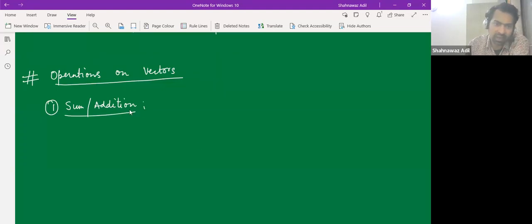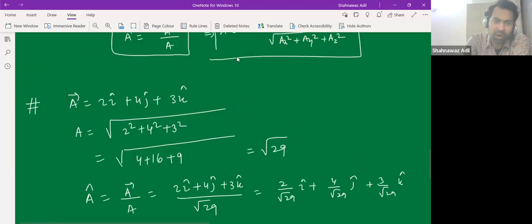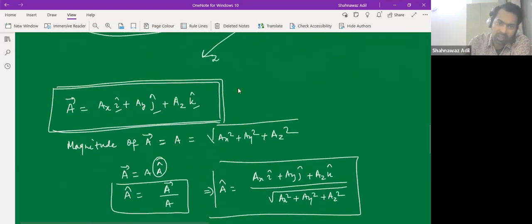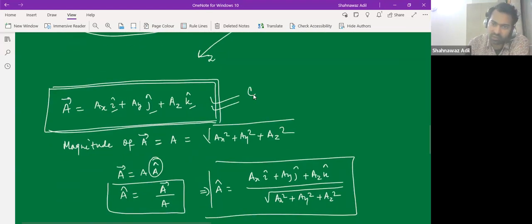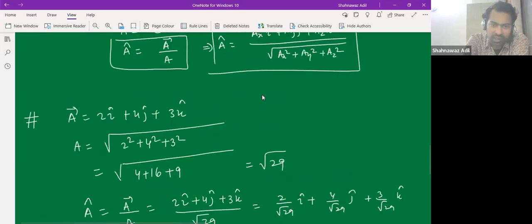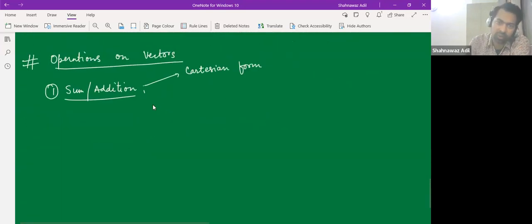So how is addition defined for vectors? It is defined in two ways. One is the Cartesian form. This representation is called the Cartesian form of the vector. The other one is the polar form. The Cartesian form is easy.